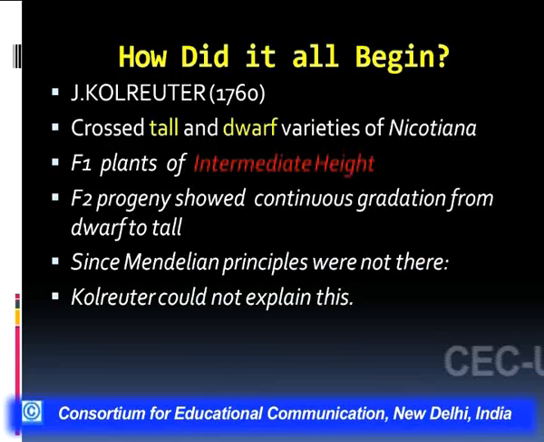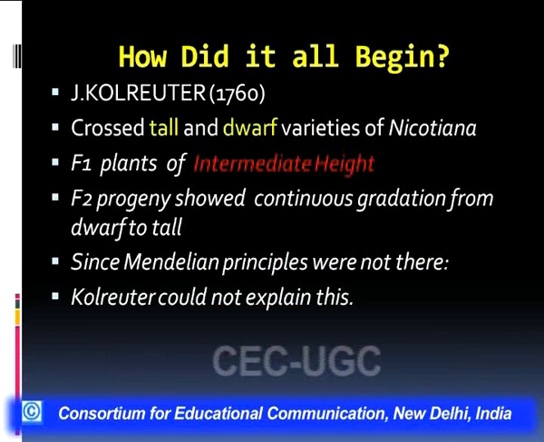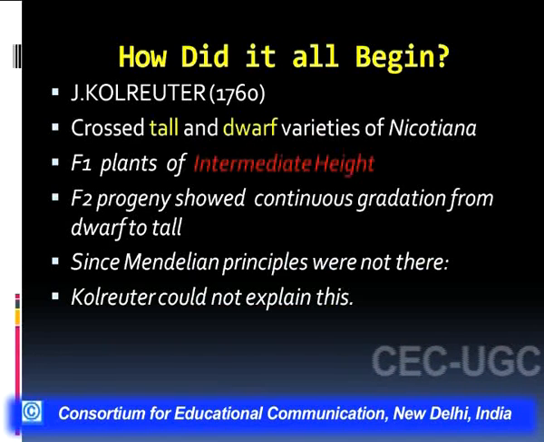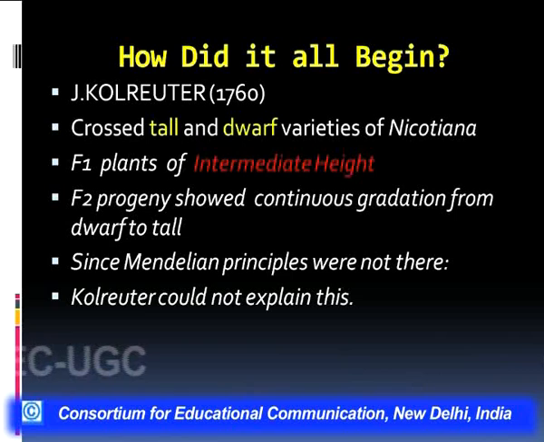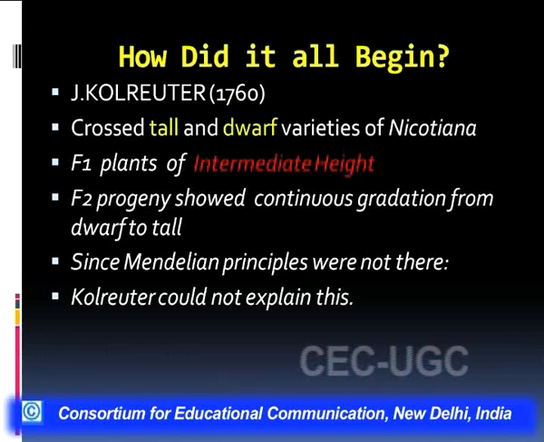To his surprise, he found that the F1 progeny were not all tall, there were some intermediate height plants also. Today you could say that it is a case of incomplete dominance. He could never understand what was going on, and to add to his surprise, the F2 progeny showed a continuous gradation from dwarf plants to tall plants.